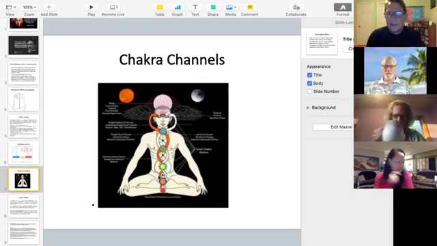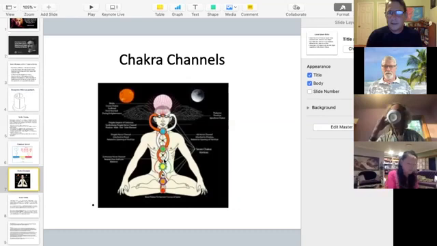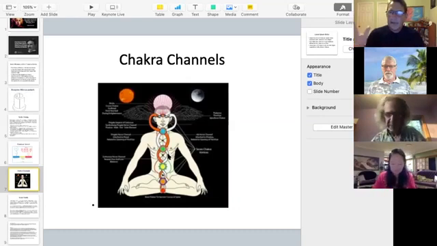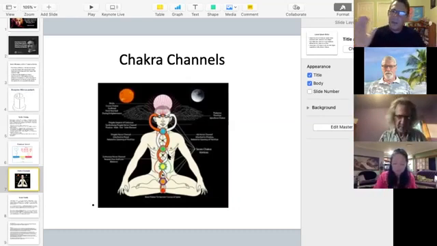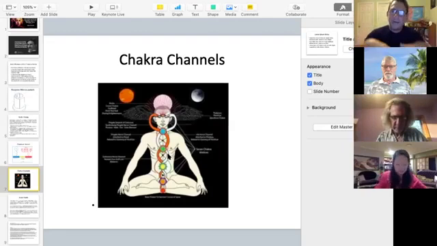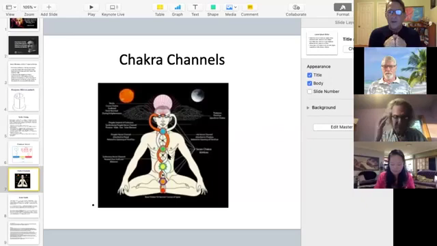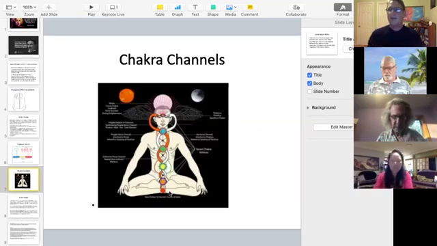And these channels represent the antinode of the wave, which cancels each other out and therefore creates a scalar wave. So this is how the body generates scalar waves. We have an energetic system built in that creates scalar waves.